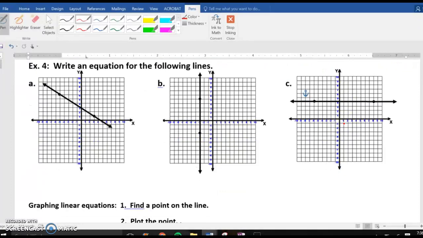Okay, example 4. First thing we want to do here is find the slope. Okay, so if I count the rise over run, 1, 2, 3, 4, 5. 1, 2, 3, 4, 5, 6, 7, 8, 9. So you get -5 ninths. All right, just double counting.